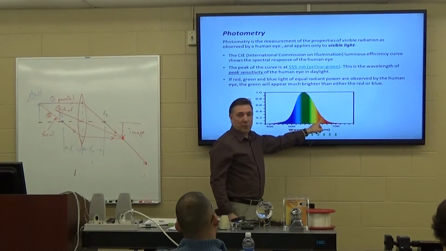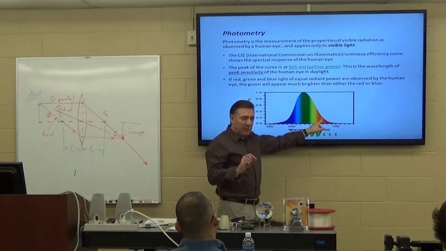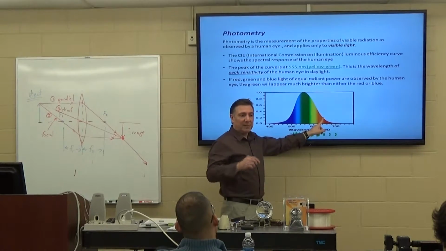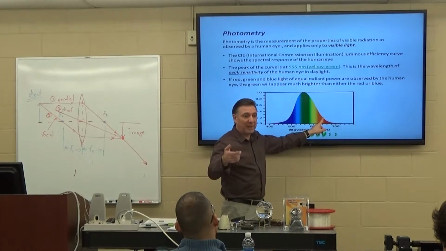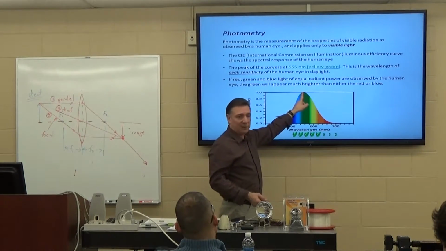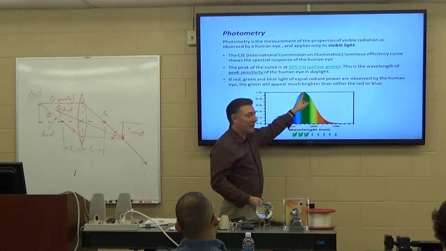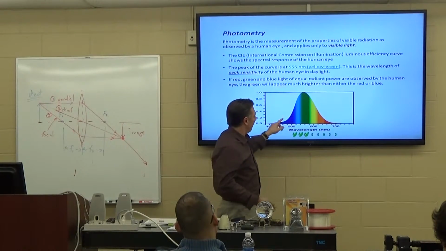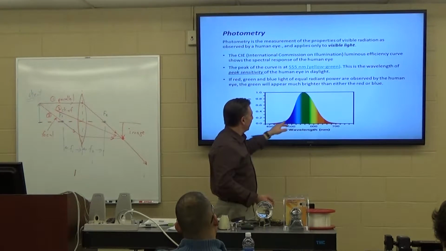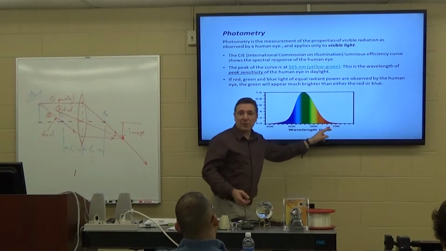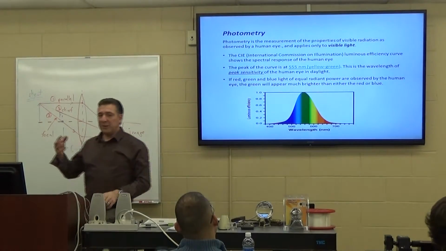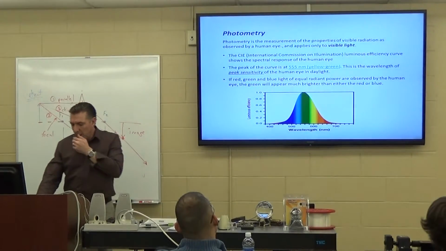Okay, 0.2, which means this red light would have to have 5 times as much radiant power in order to be perceived as the same brightness as the green. So whatever color you see, whatever power you get, it's scaled by where it falls on this chart with respect to its actual perceived brightness.